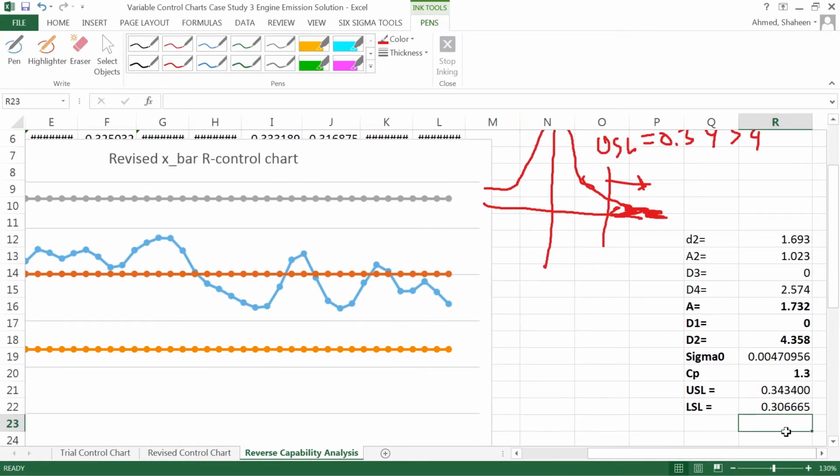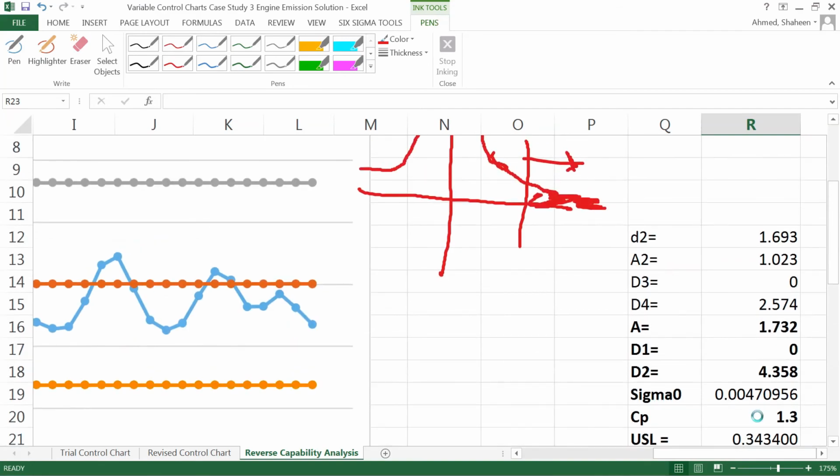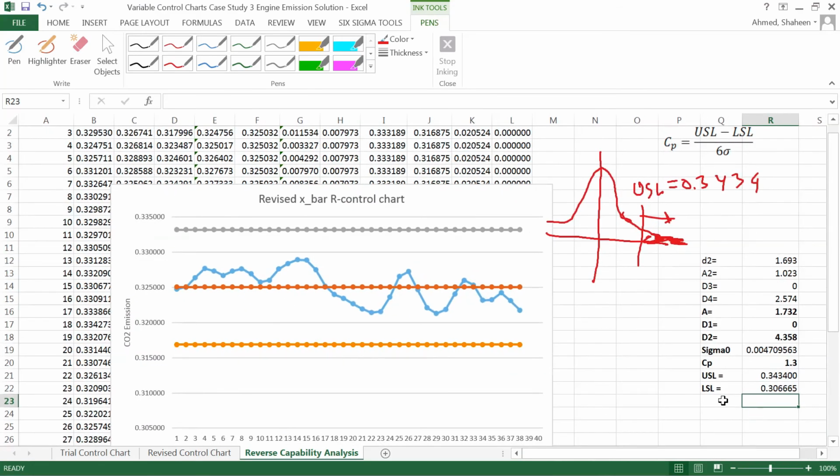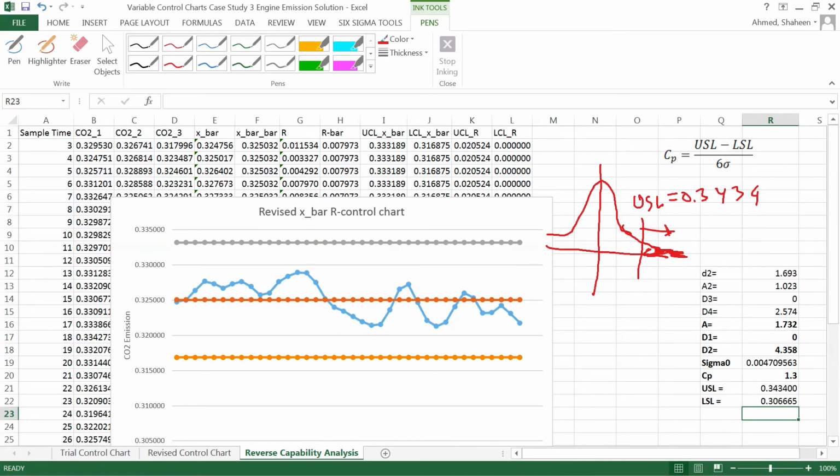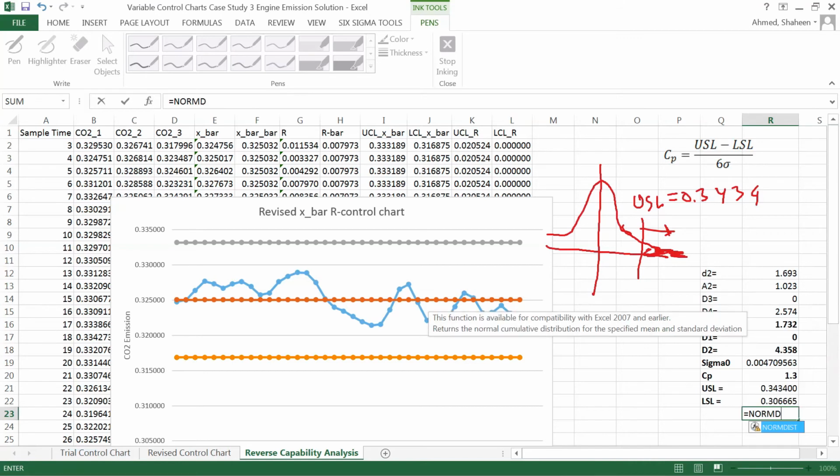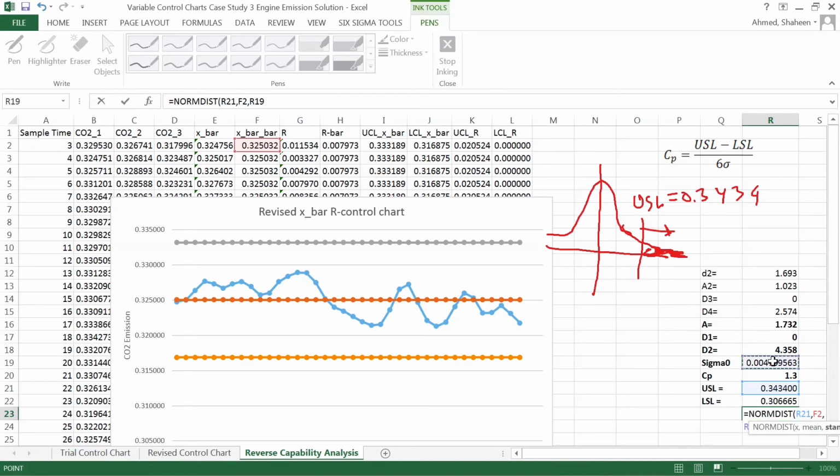Basically, you can just type NORM.DIST, then the x value, since we're trying to find the area over that, then the mean, the grand mean, comma, the standard deviation sigma we have calculated, and then cumulative.